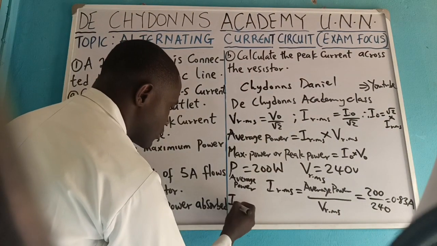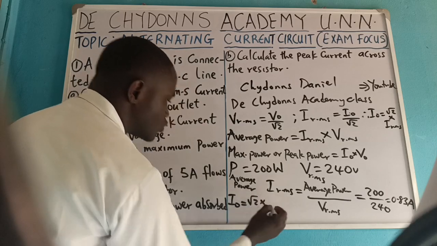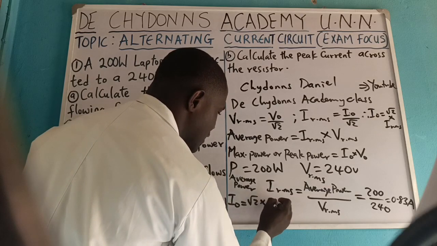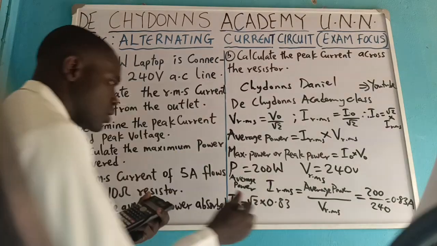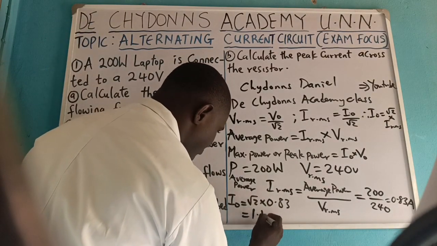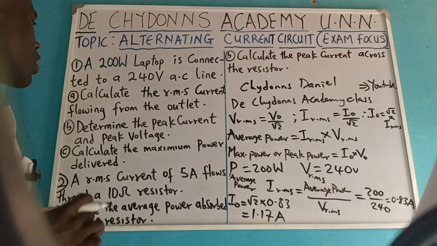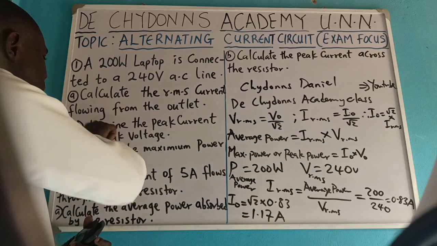So root 2 times our root mean square current, which we got to be 0.83, will be giving you 1.17 amperes. We note that. So we have solved question number A and B of the first question.